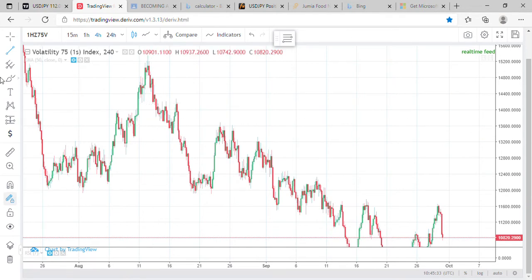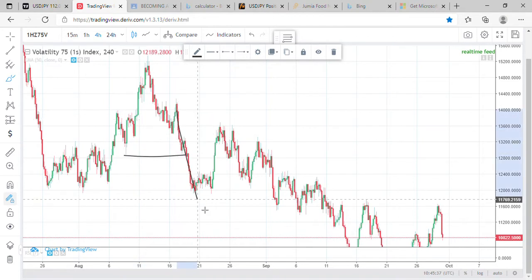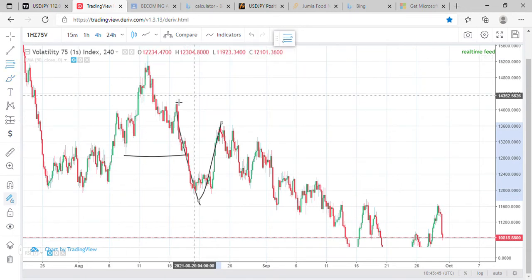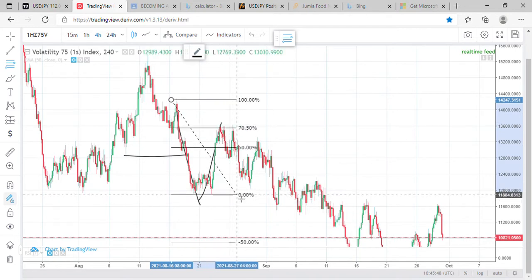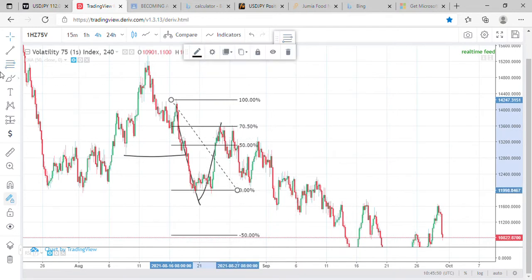Here, the market took out your major low. You allow the market to retrace back above, let me say, 50% of your Fibonacci levels. From what you can see in my Fibonacci, I have 70.5.